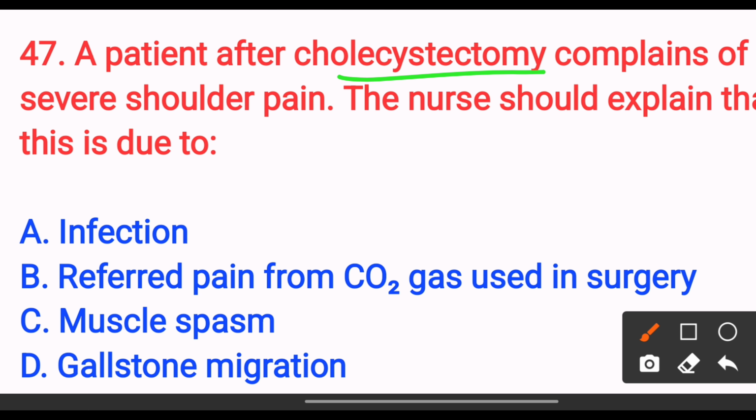The answer is option B, referred pain from CO2 gas used in the surgery, because in laparoscopic surgery the CO2 gas mainly used irritates the diaphragm, causing referred shoulder pain. So the answer is option B.